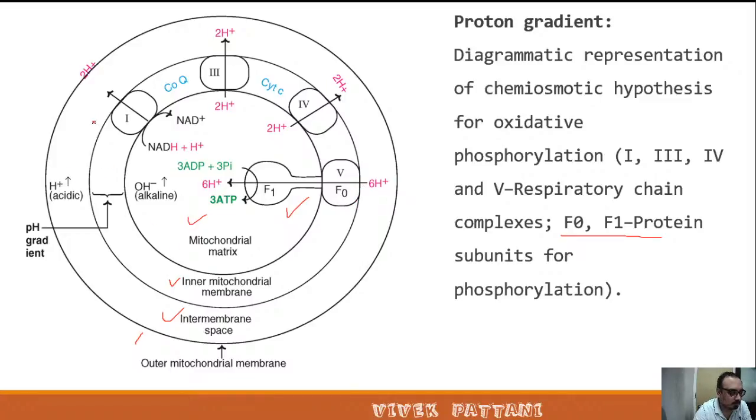After the completion of the electron transport chain, at a time 6 protons are pumped from the intermembrane space to the mitochondrial matrix, which leads to generation of a force in a rotary manner in the enzyme ATP synthase, which leads to formation of ATP.